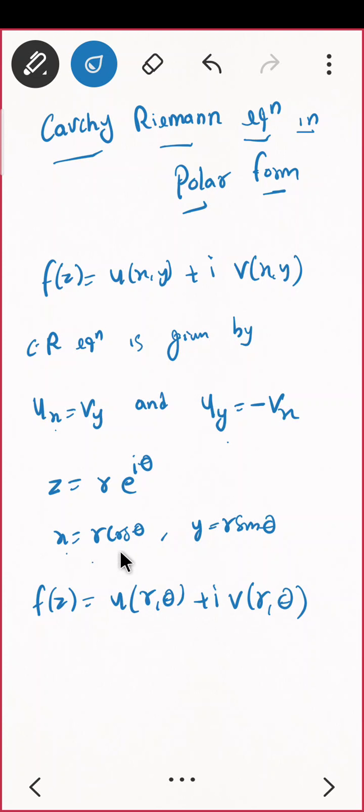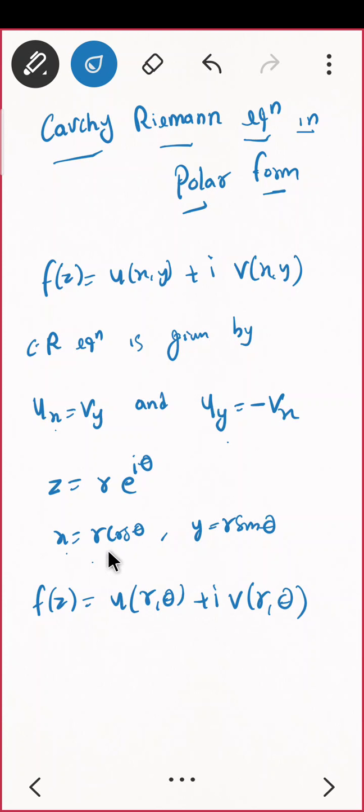So now my u is a function of r and theta. Correct? So if I want to find the partial derivative of u with respect to r, then what will this become? What is your x? x is r cos theta, correct?